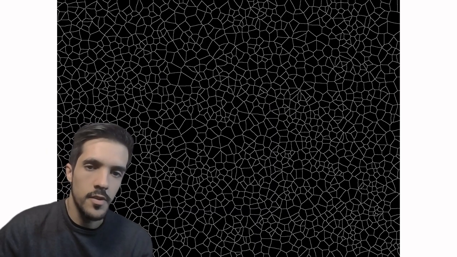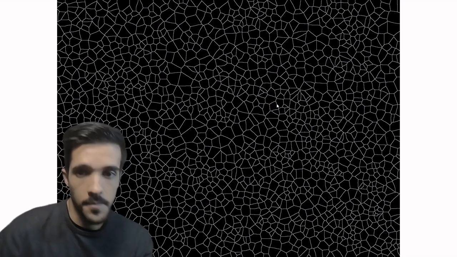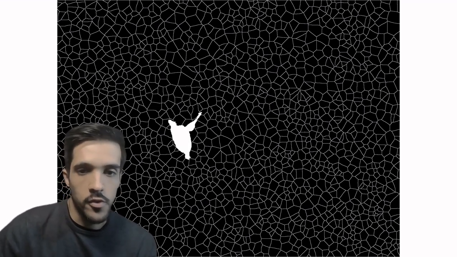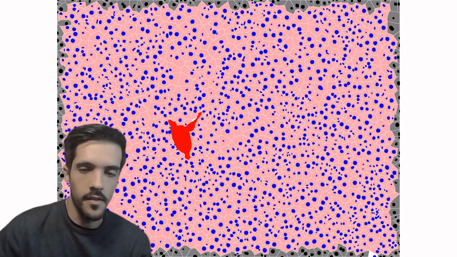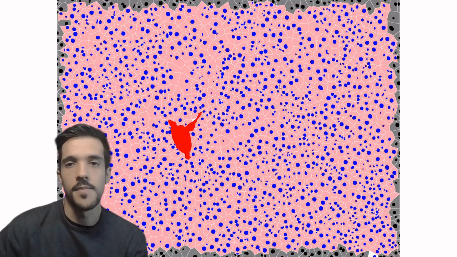The resulting image looks like this. So each one of these polygons is considered to be a cell. We also add the segmented vessel and we get the final result here.